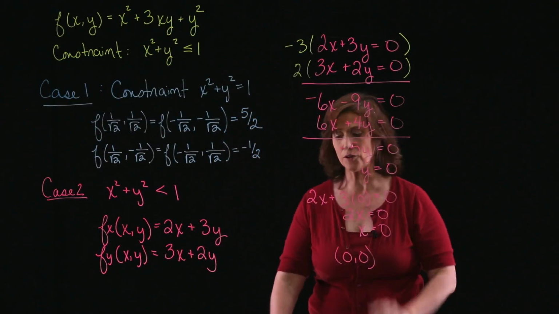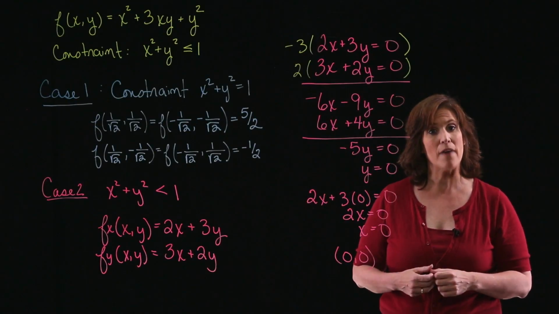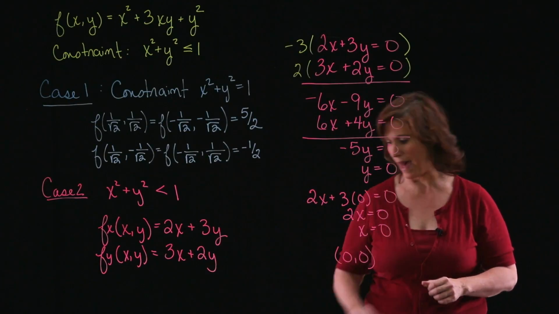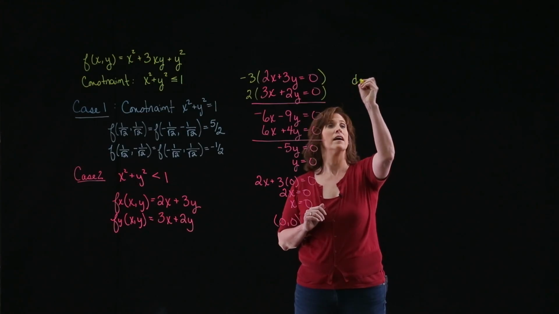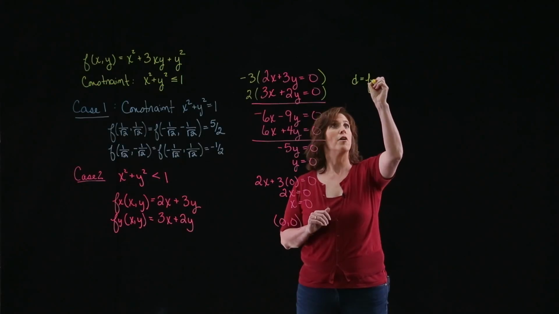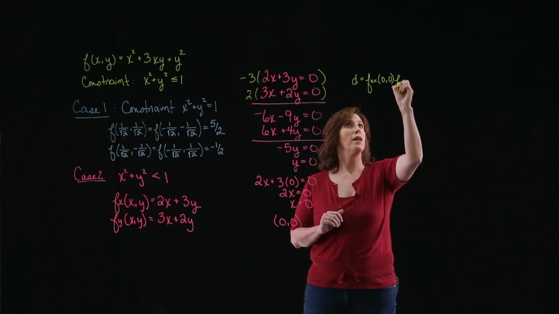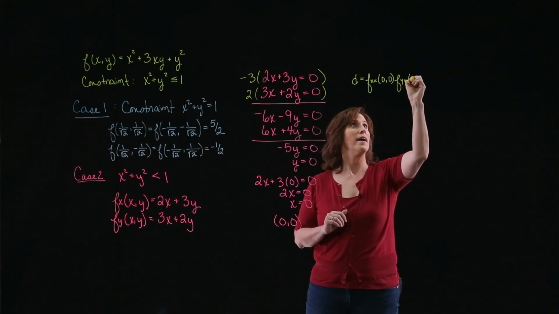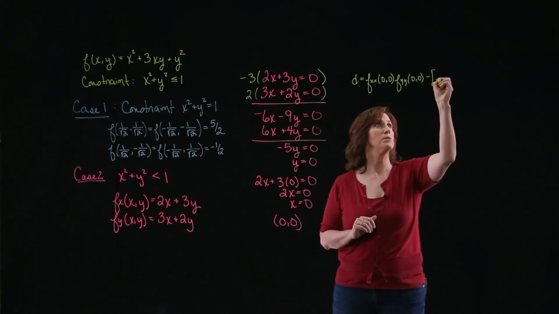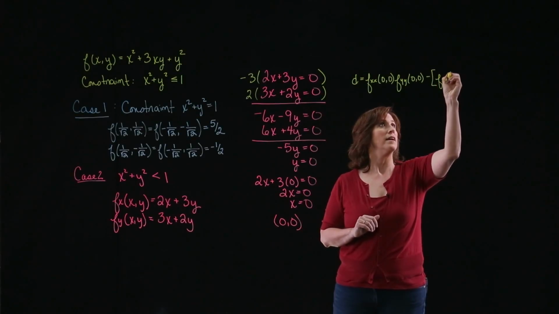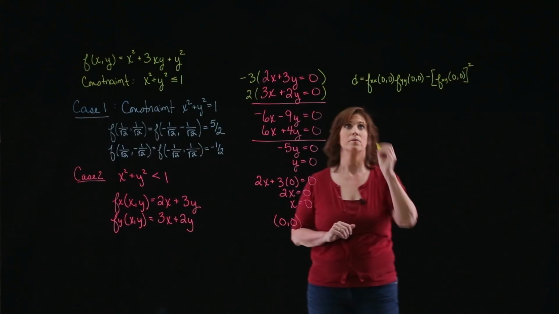All right, now, is this critical point a minimum, a maximum, or neither? Well, if you remember, we have the second partials test that will help me with that. So what I need to do is to look at the second partial with respect to x at the point 0, 0, multiplied by the second partial with respect to y at the point 0, 0, and then subtract the mixed partial at the point 0, 0 squared.